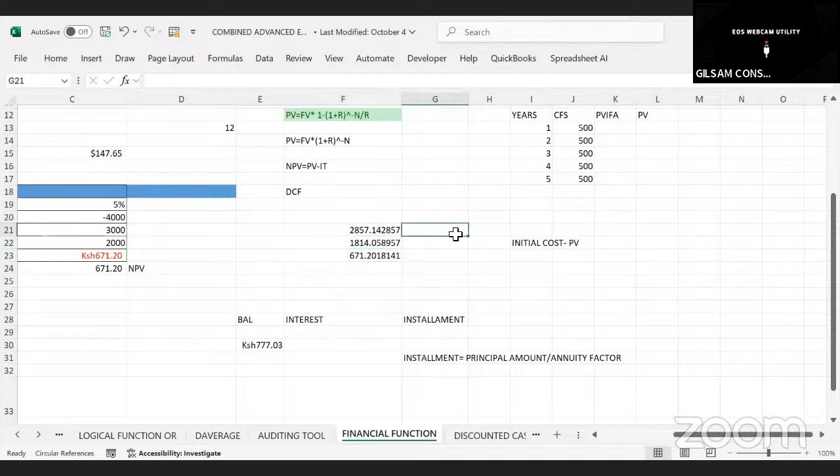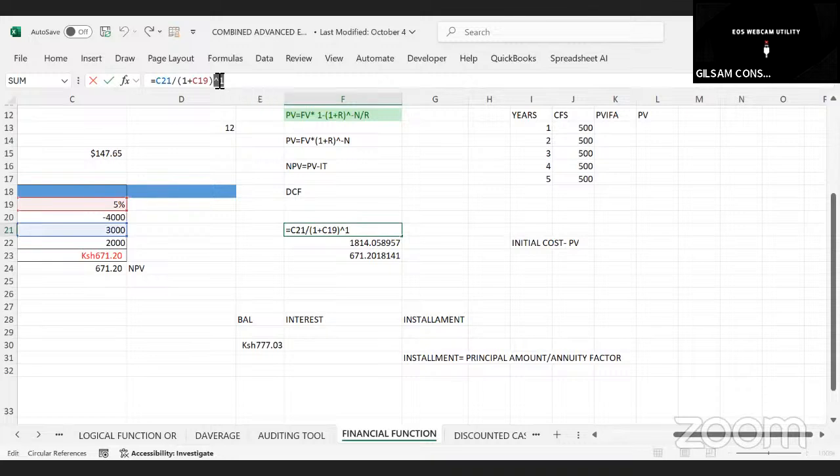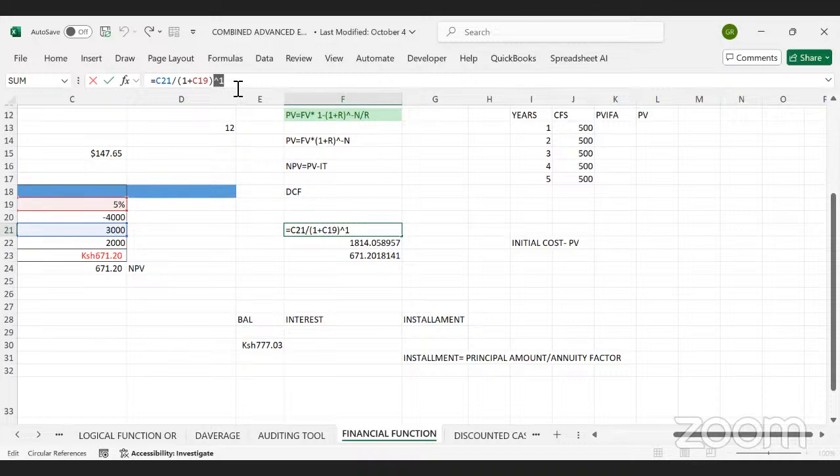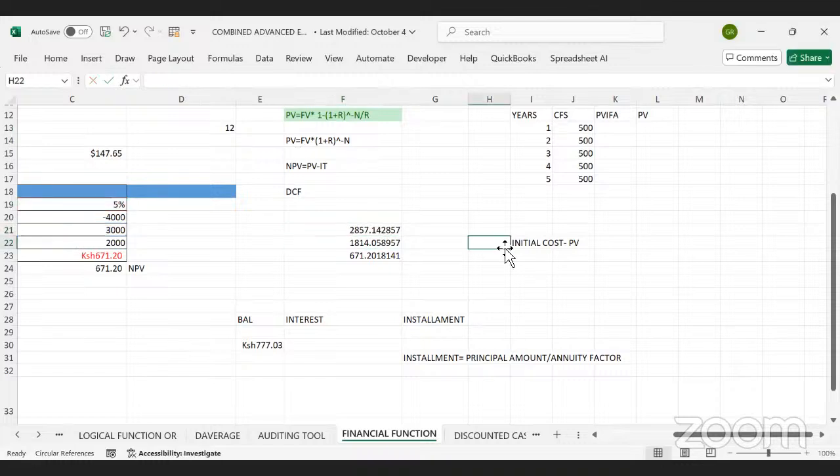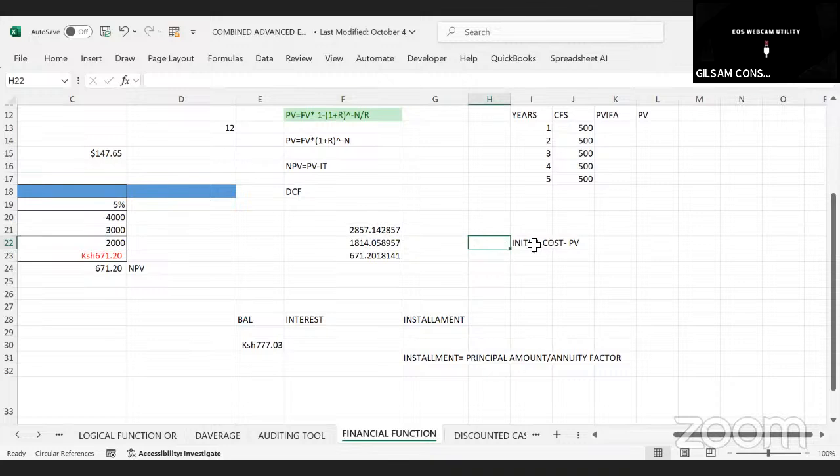So using the long way, we said that to get the present value, we take the future value times 1 plus r raised to minus n, which you use the formula here. I don't know where you will find that on your calculator, but you know where the power function is in your Excel, so that if you don't remember the Excel formula but you remember the class formula, you will get the same.